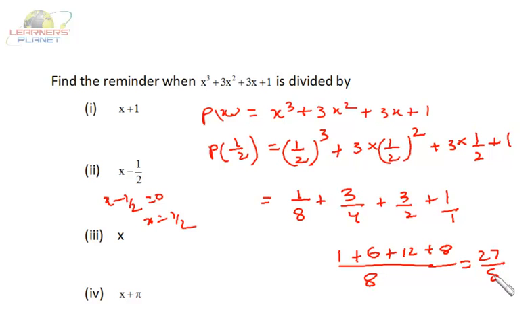So it's 27 by 8. So if x cube plus 3x square plus 3x plus 1 is divided by x minus half, we will be getting the remainder as 27 by 8, and we have calculated this remainder by remainder theorem but not by actual division. Okay, so remainder theorem is a very quick way to find out the remainder when one polynomial is divided by the other. Okay, let's do the next one.